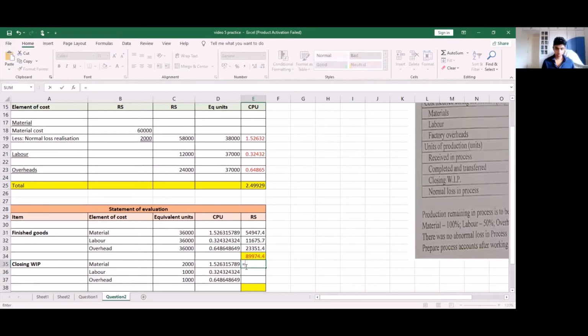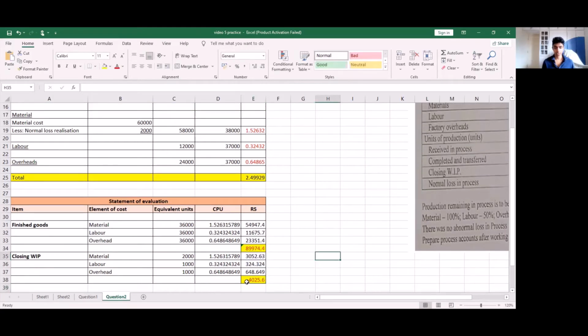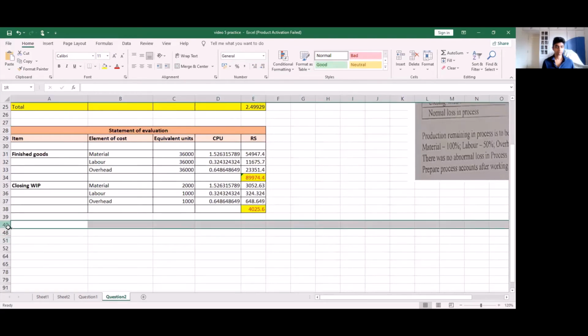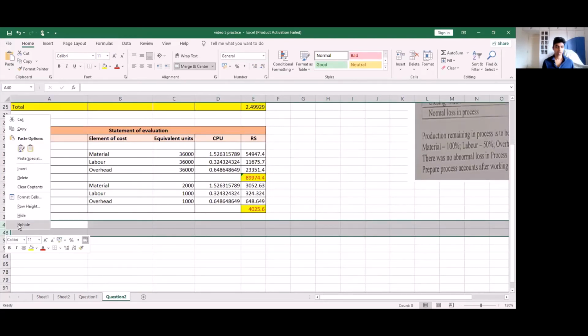We are again going to multiply equivalent units with our cost per unit, doing the same for materials, labor, and overheads, and finally summing the three values to get our total for closing work in progress, which is 4025.6.